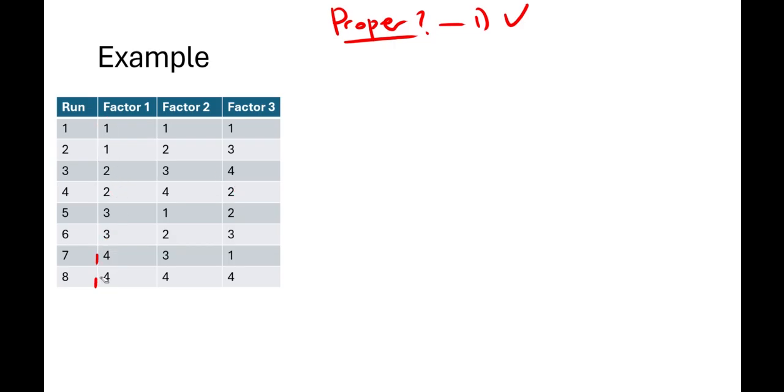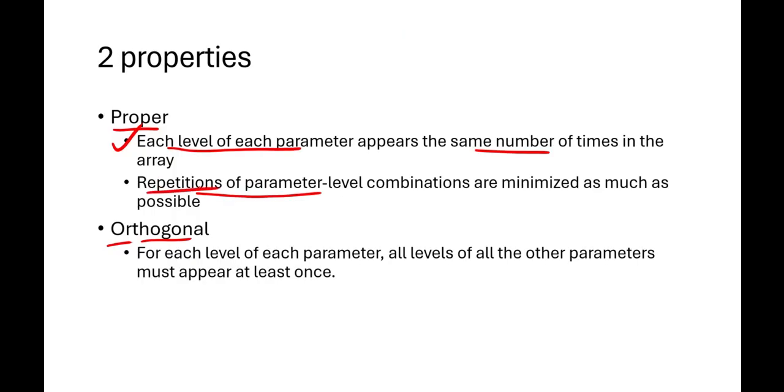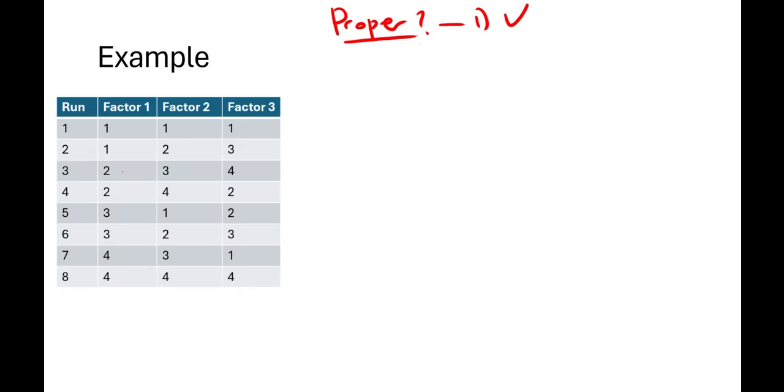For the second part, we have to minimize repeating the parameters. So let's see what it means. For example, let's check run 2 and then run 6.